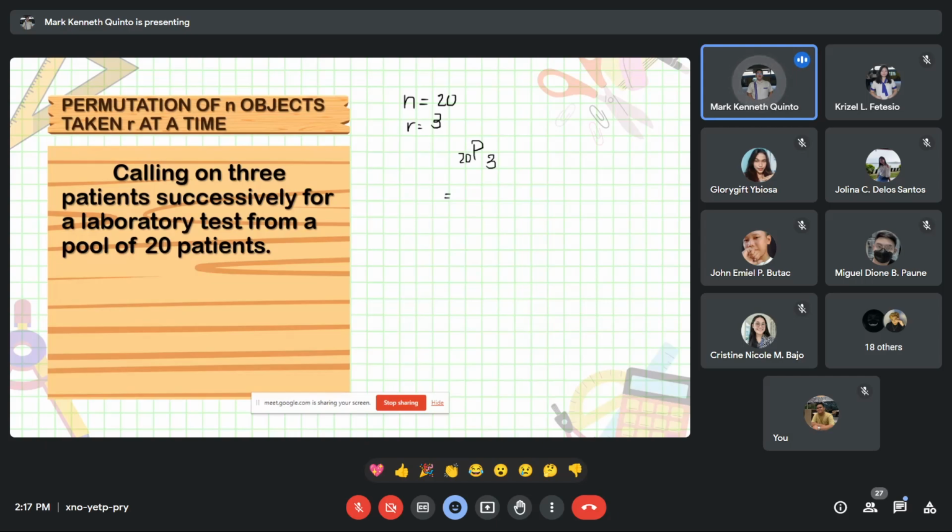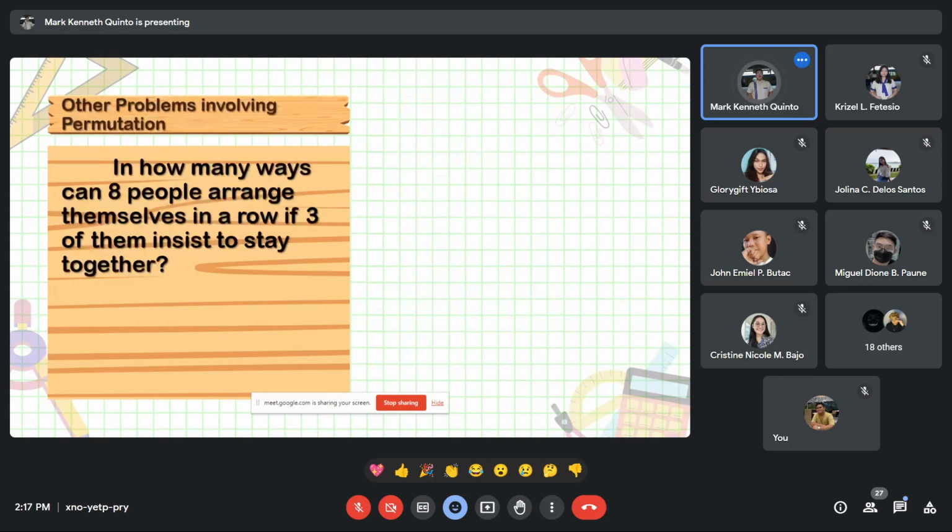So using your scientific calculator again, what is the answer? 6,840. Okay, very good. At least now, mas nagagamit nyo na yung scientific calculator in terms of permutation. Okay, so let's proceed now with the other problems involving permutation.